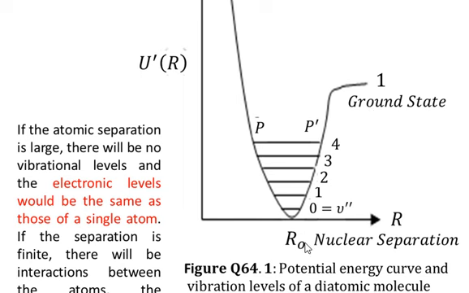So when the atoms are in the vicinity of the separation R naught, you can observe the vibrational levels. If you move away from R naught, the vibrational levels will increase, from V double prime equal to 0 up to 1, 2, 3, 4, depending upon the separation R. So if R is away from R naught, more vibrational levels will be occupied.